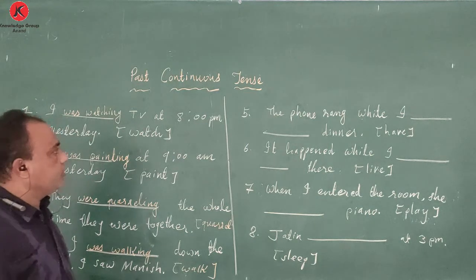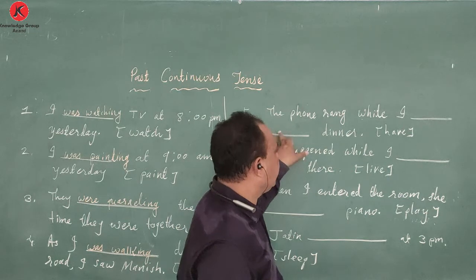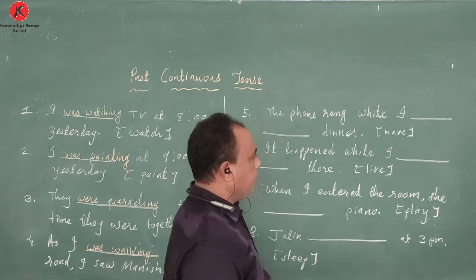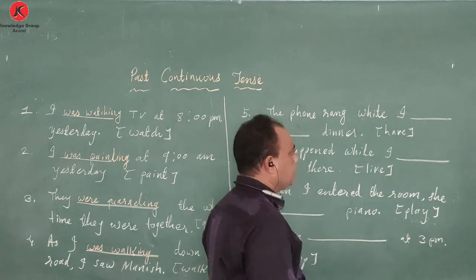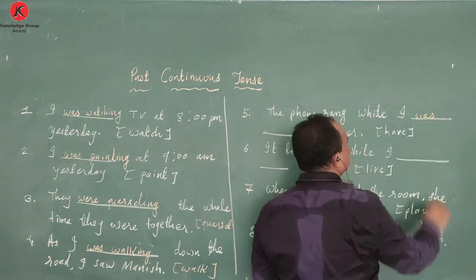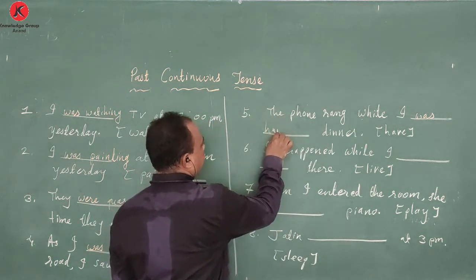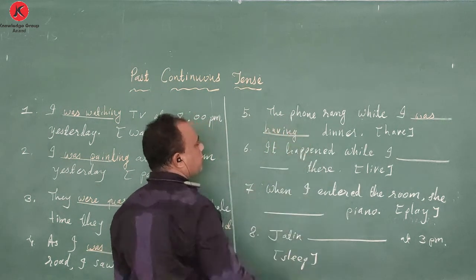Right? Let us go for the fifth one. The phone rang while I dash dinner. Have. Have is given, but it is past continuous tense. So here I will write: the phone rang while I was having dinner.